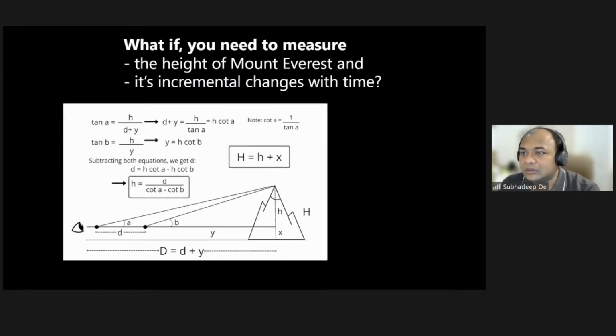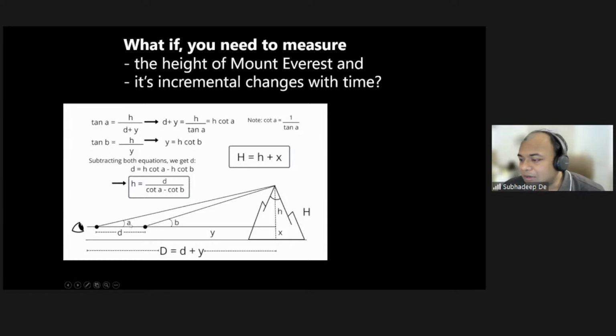Well, the location is not a very good location to reach, but still, using trigonometric techniques, Radhanath Sikdar, in which year, it's a long time back, I forgot the year, used a simple trigonometric technique and measured the height of Mount Everest very accurately.